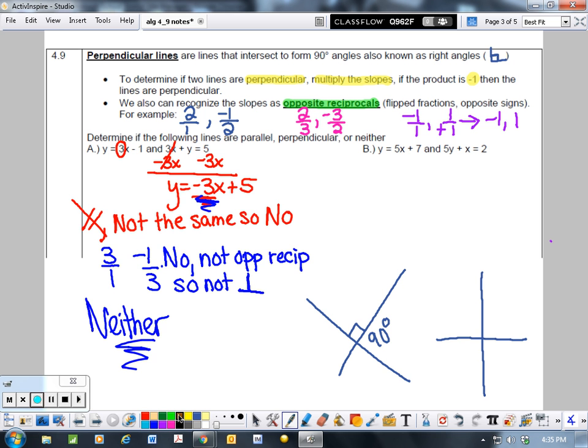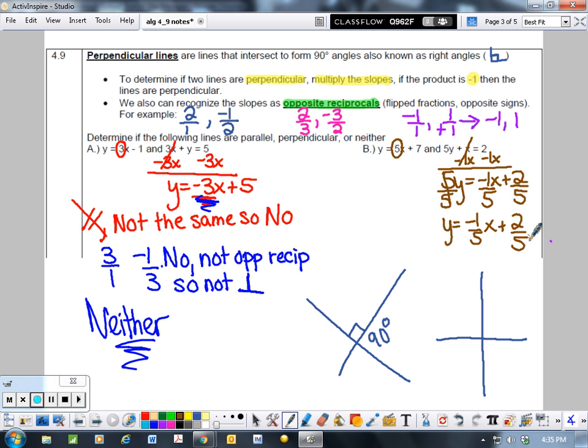Okay, next one. My slope here is 5. So now I'm going to check the slope over here. The first thing we're going to do is get my y by itself, so I move x. So now I have 5y equals -1x plus 2. Remember, those can't combine. I divide everything by 5. So now I have y equals -1/5 x plus 2/5.